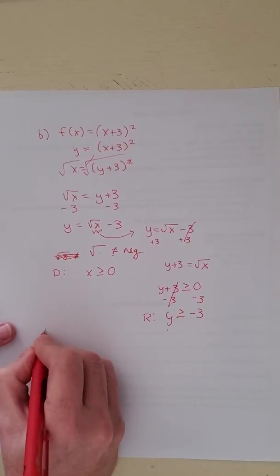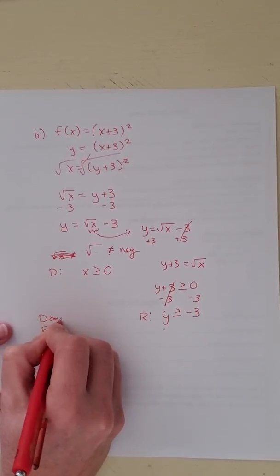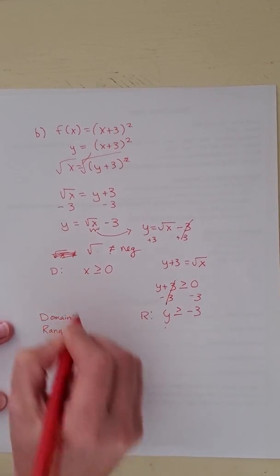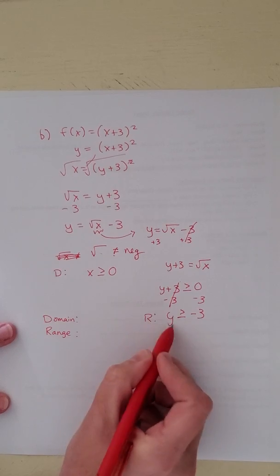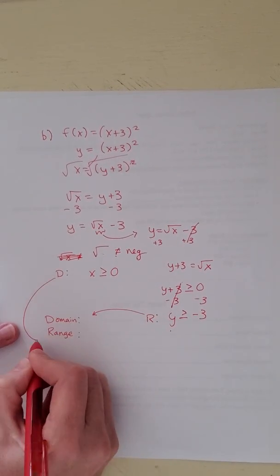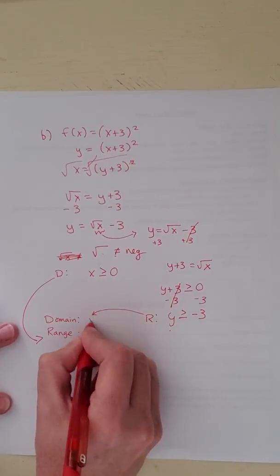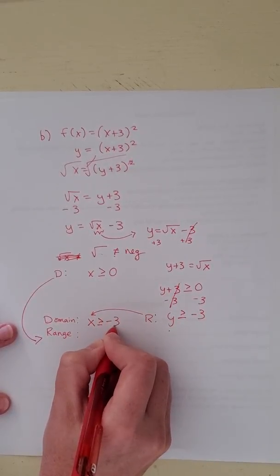Therefore, the range and the domain of the original, so here's my f inverse function, my range and my domain will switch. So this will become my domain and this will become my range. So that would be x has to be greater than or equal to negative 3.